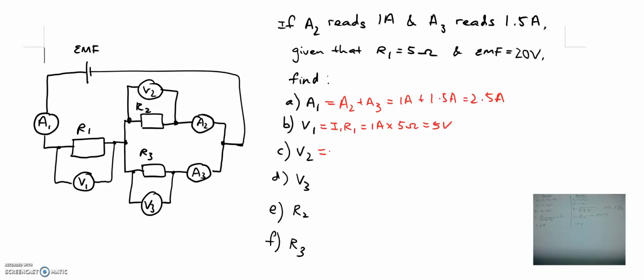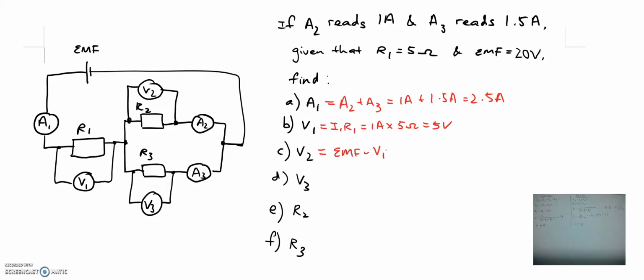Since V2 and V3 are parallel, V2 and V3 must be the same. So, we remember that in series, V1 and V2 will give you the EMF. So V2 equals EMF minus V1. Now we do not need to consider V3 because V2 and V3 are in parallel.